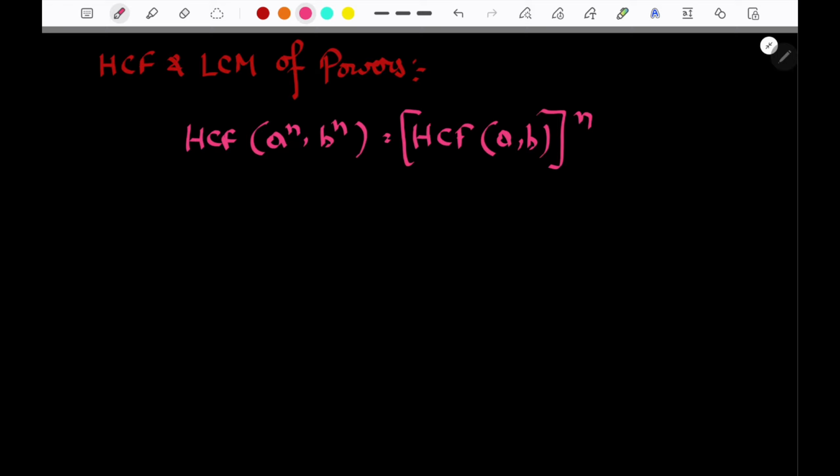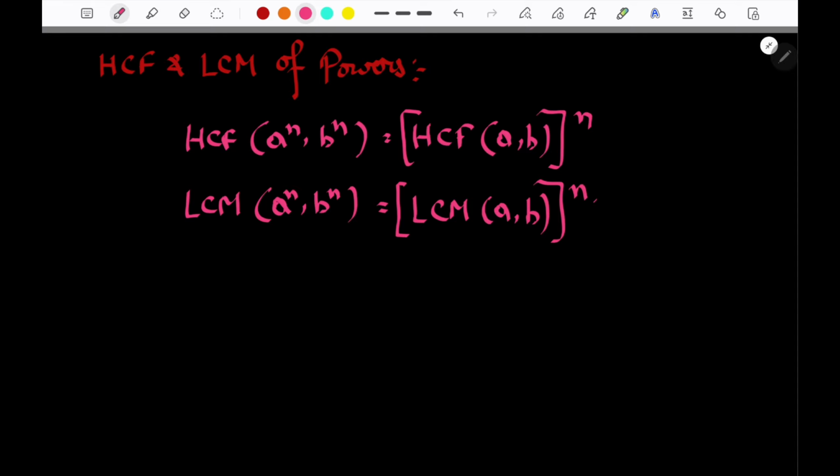It means first find the HCF of a and b and then raise it to power n, which is the same as HCF of a to the power n and b to the power n. We will explain how. LCM again: LCM of a to the power n, b to the power n is equal to LCM of (a, b) raised to power n.